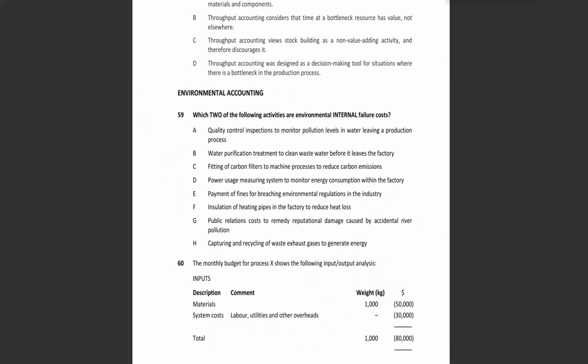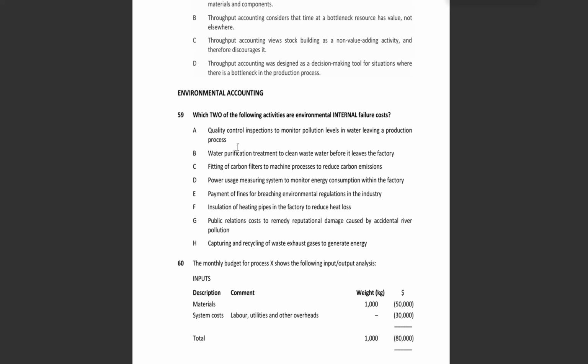Now, the question has asked that out of these, I think 7 to 8 options they have provided, we need to figure out any two that are related to environmental internal failure cost. If the question is asking this kind of question, it's a very tricky one. Tricky in the sense that even if we pick one right and one wrong, we will lose the mark.